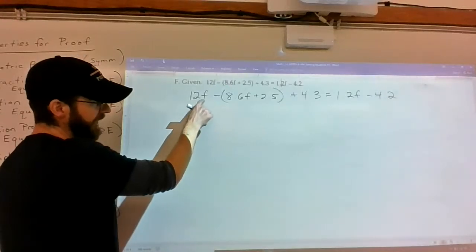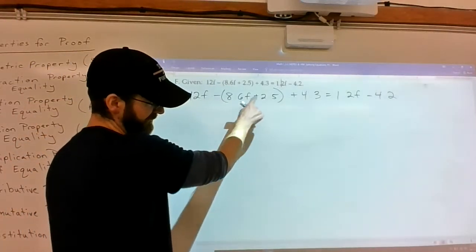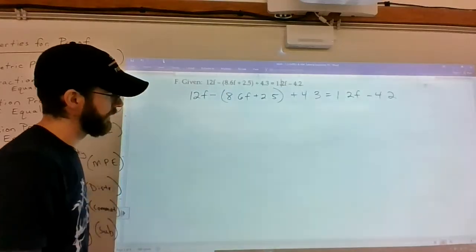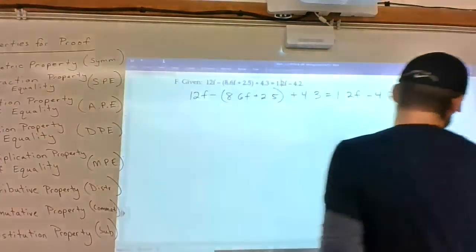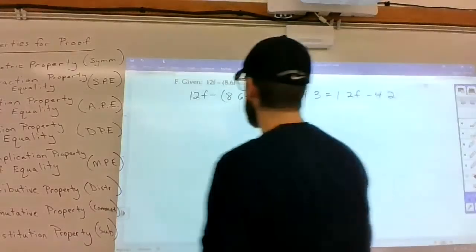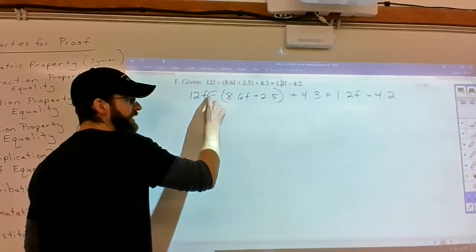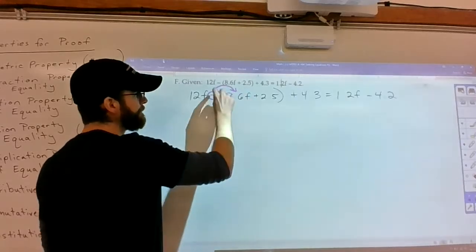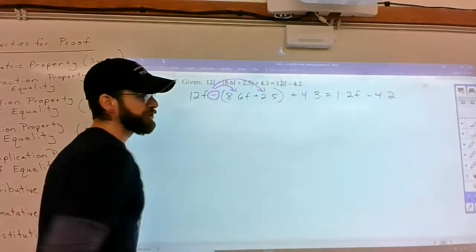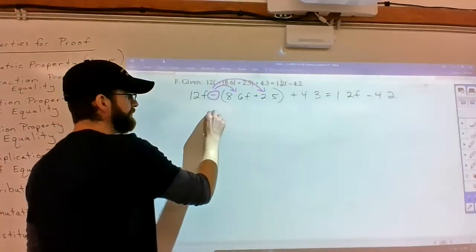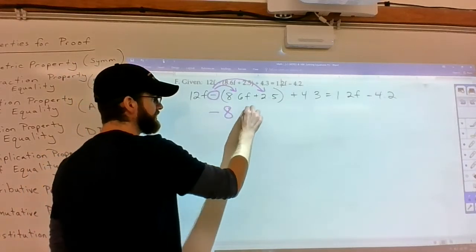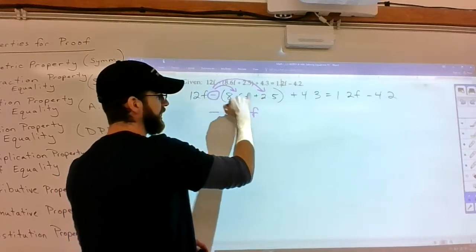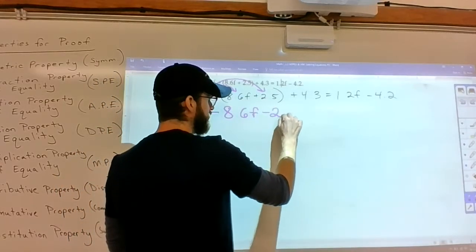Now it's not 12f times 8.6f plus 2.5. There's a big old subtraction symbol here, which means you take that negative 1 and multiply it by 8.6f and by 2.5. So that gives you minus 8.6f minus, because it's a negative times a positive, 2.5.